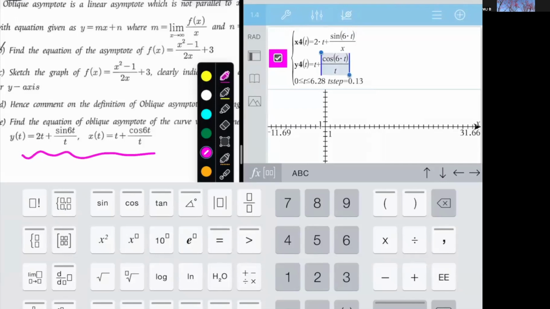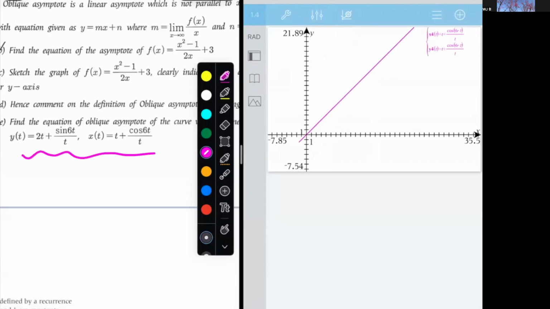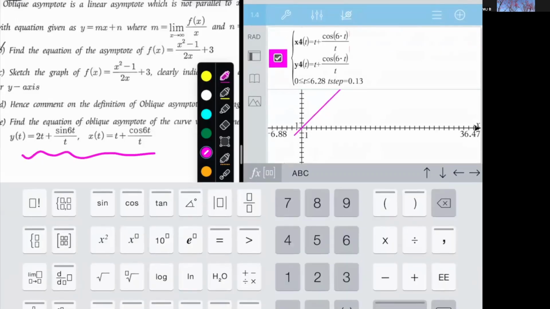Let me try again. The x coordinate is t plus cosine 6 times t, over t. Okay, good. And then the y will be t plus cosine 6 times t over t. Yeah. So as you can see, oh, sorry. Y is meant to be 2t.